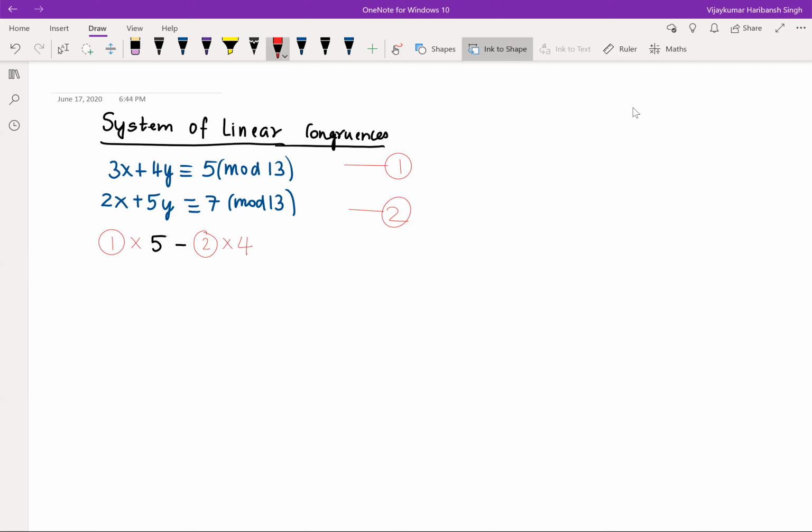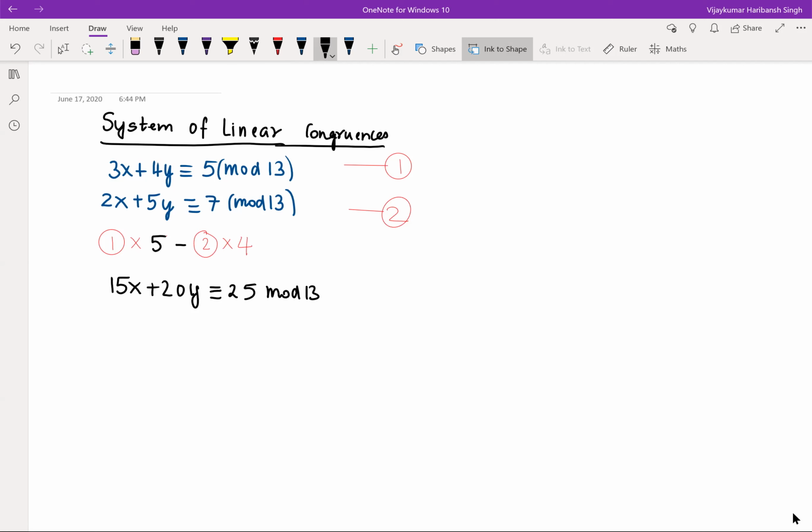When you multiply the first by 5, you get 15x plus 20y is congruent to 5 times 5, which is 25 mod 13.